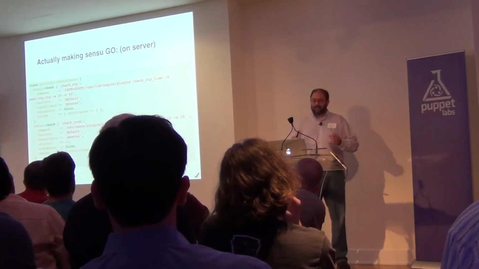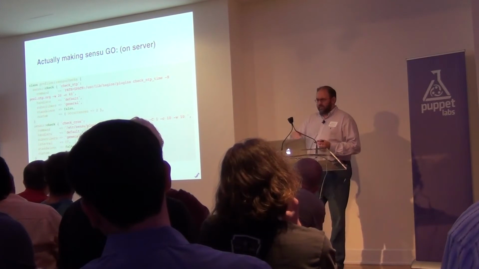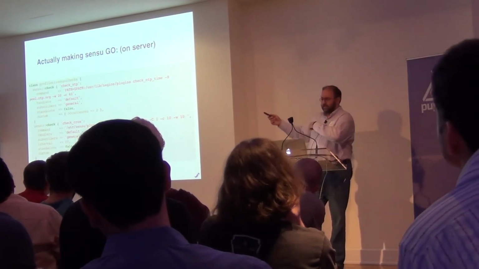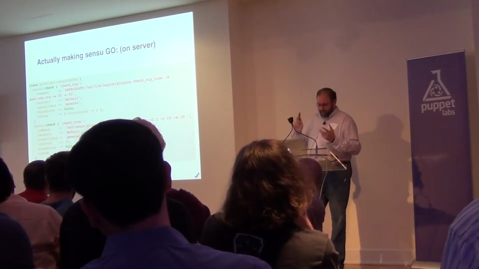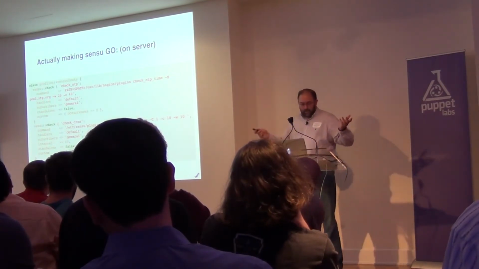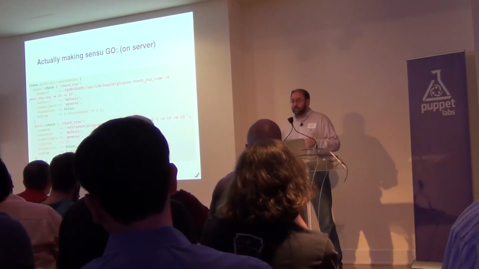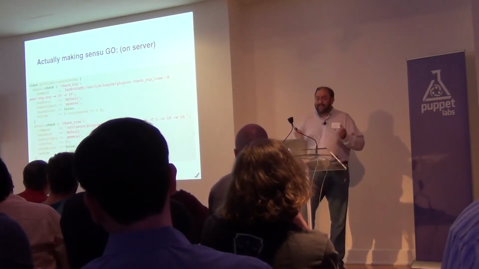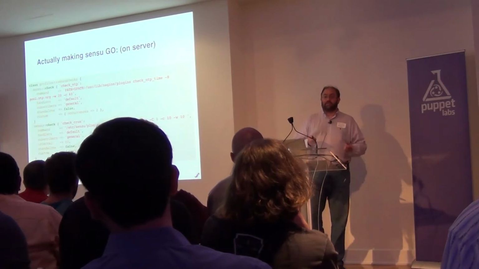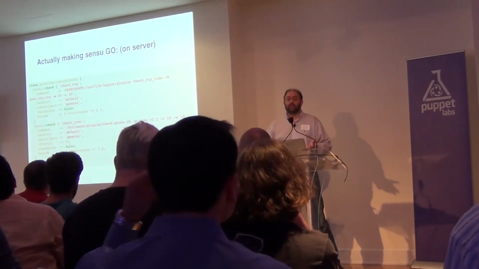Now, how do you actually make this stuff go? This is just a limited version. There's a longer version of this that puts all that stuff in the actual repository. But you can see that we're defining that check for NTP and cron. One of them is actually a Sensu check. The other is literally a Nagios check from Nagios basic plugins. It uses the same response codes.